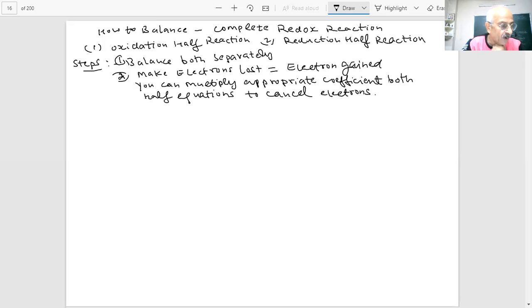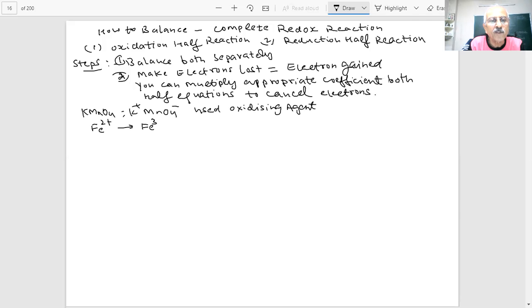You have seen in chemistry potassium permanganate, KMnO4, which contains K plus and MnO4 minus. This is used as a strong oxidizing agent. For example, ferrous ion is oxidized to ferric ions by KMnO4.